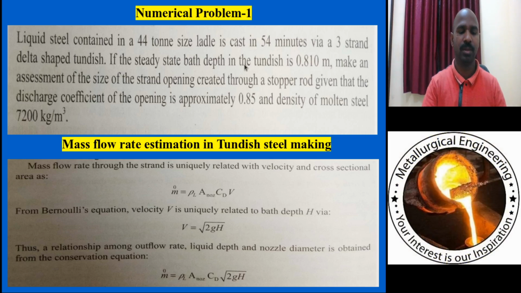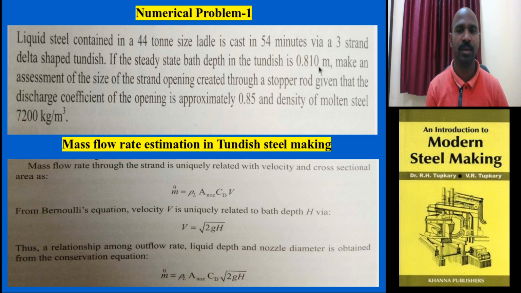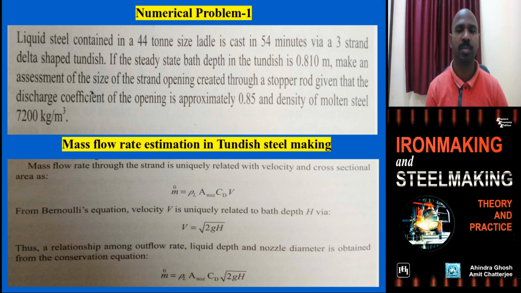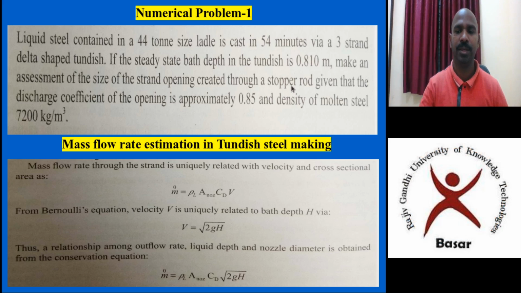The steady state depth was maintained, there was no change of ladle, and this steady state depth is around 0.8 meter, and you are going to calculate the strand opening or strand diameter, and a stopper rod was used.